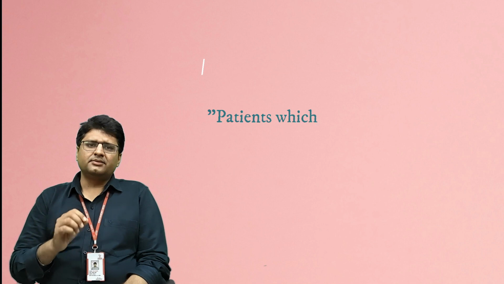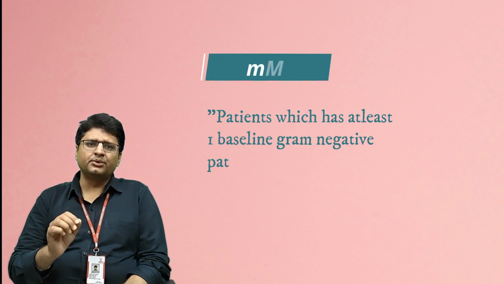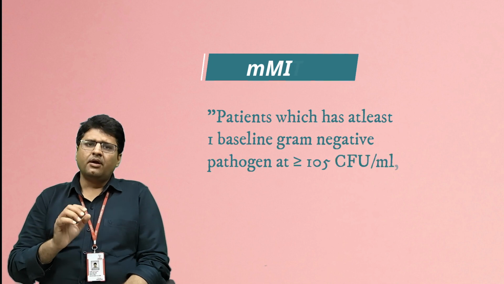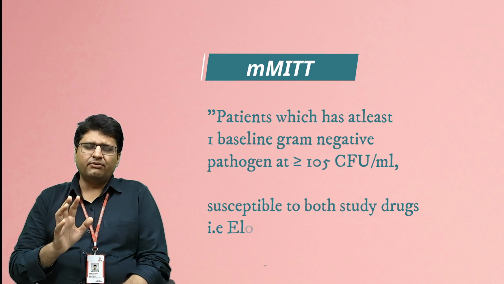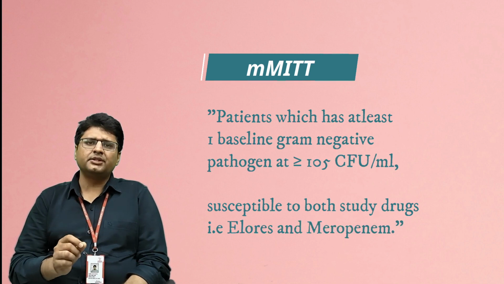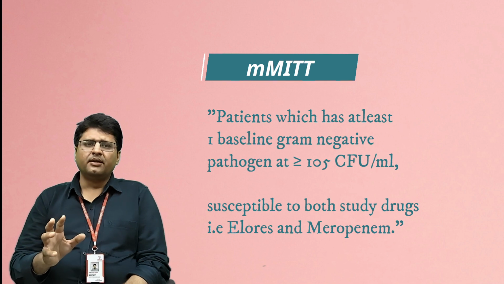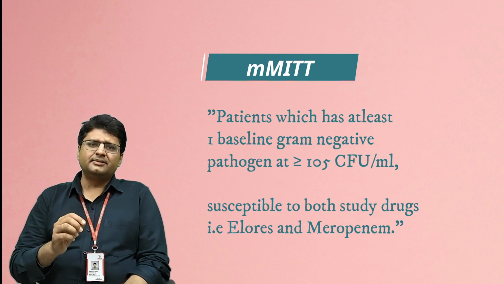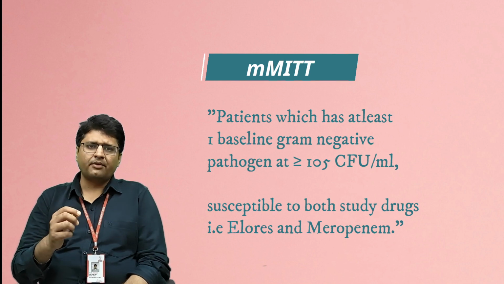What does that mean? The MMITT population consists of those patients who have at least one baseline gram-negative pathogen at 10 raised to power 5 CFUs per ml. This CFU per ml is the unit to calculate the strength of the pathogen.